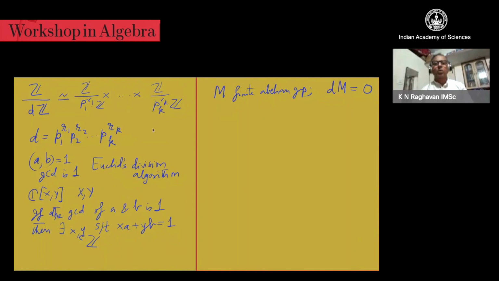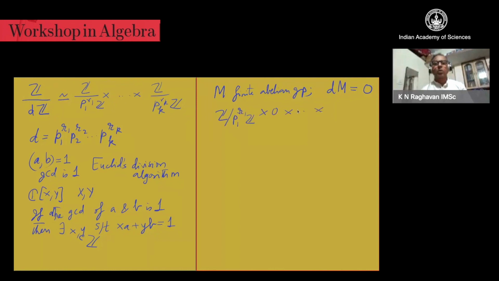And then what you can do is observe the following, that these now give you ideals in Z mod P1 to the R1 Z, you can think of this rather cross 0, cross 0, cross 0.